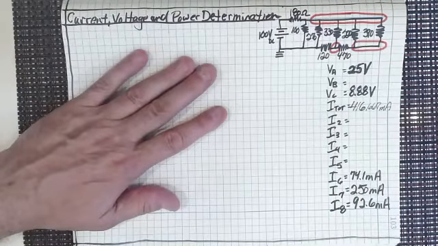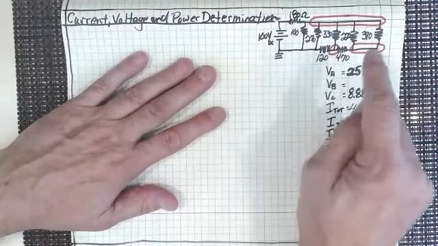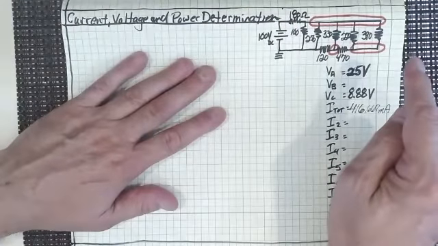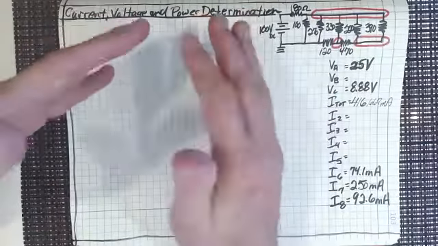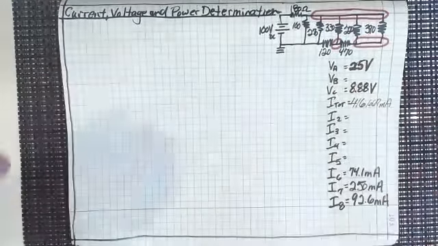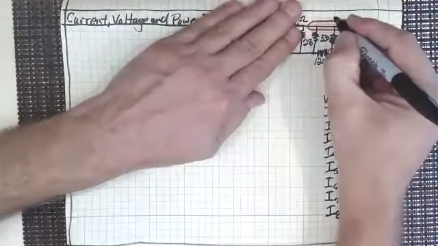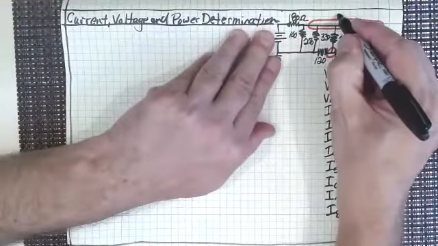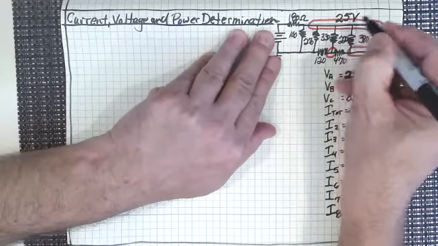I'm trying to remember what R1 was. I've got it written on the last page, but I've written all those down here. And we know what the voltage is up here. I'm just going to write this in again. That was 25 volts.